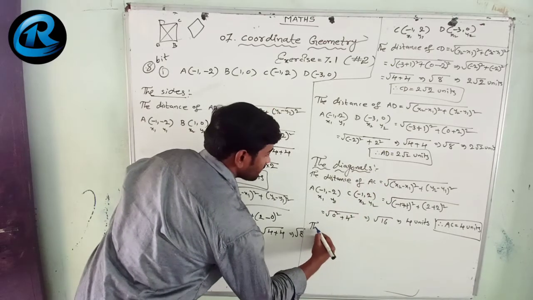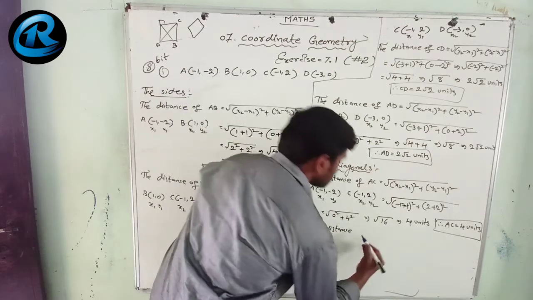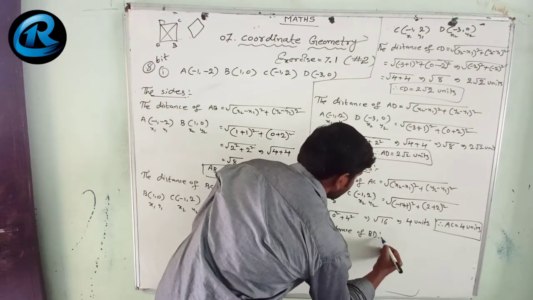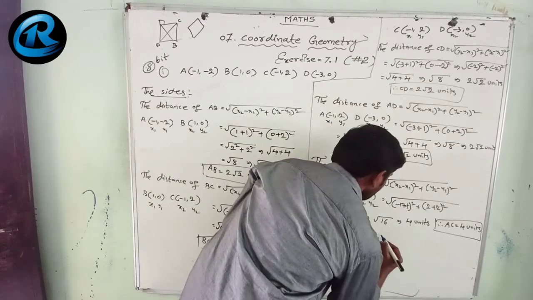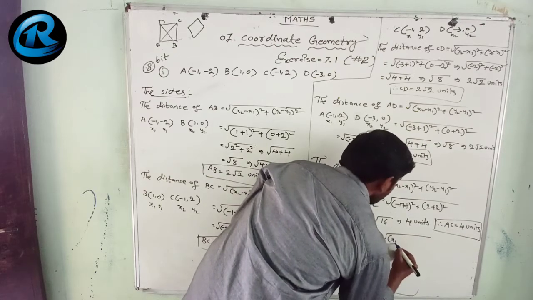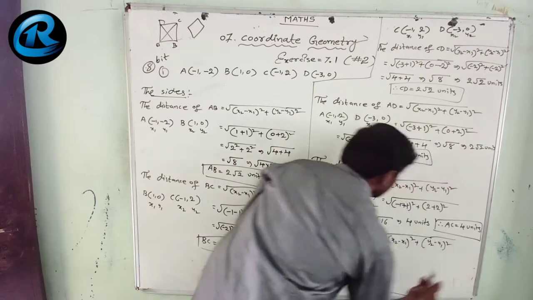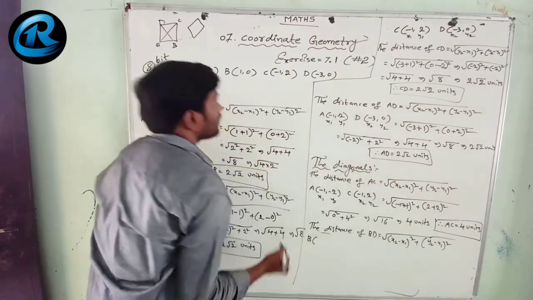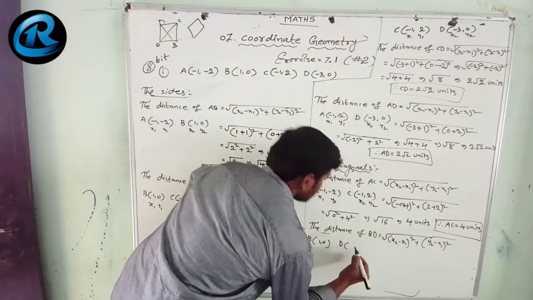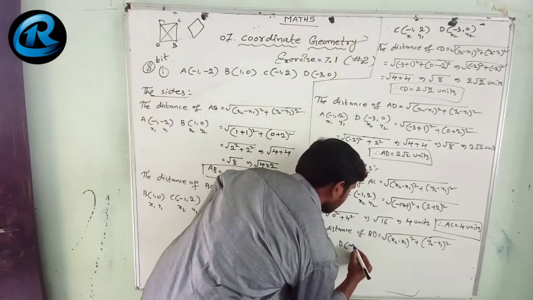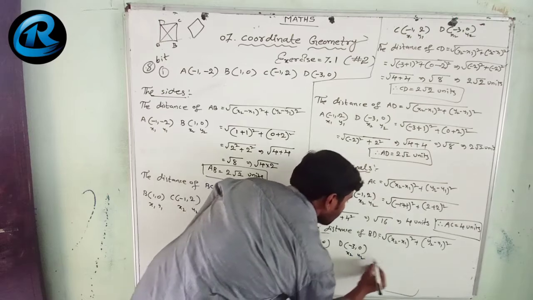The diagonal BD, let us find out the distance of BD. So let us write the formula here. The formula is under root of x2 minus x1 whole square plus y2 minus y1 whole square. B is 1 comma 0 and D is minus 3 comma 0, here x1, y1, x2, y2.